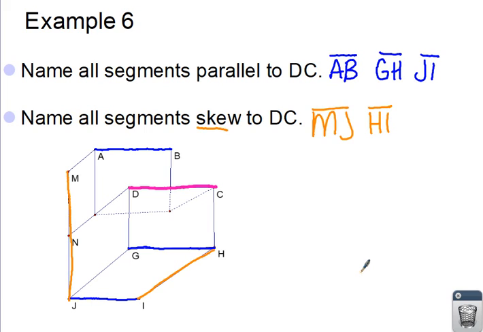Because it has no chance of intersecting and no chance of being parallel. AM is another one. JG is another one. There's a lot of skews. Okay? If we knew what the letter was behind B, then we'd have another one there. Those are all skew lines to DC.